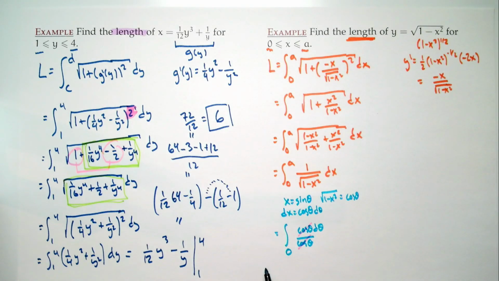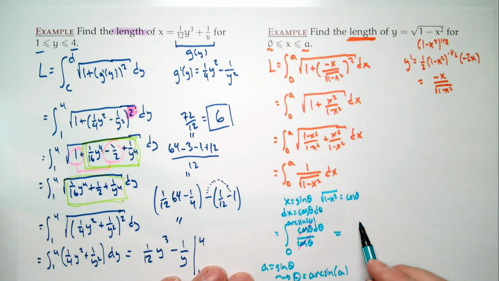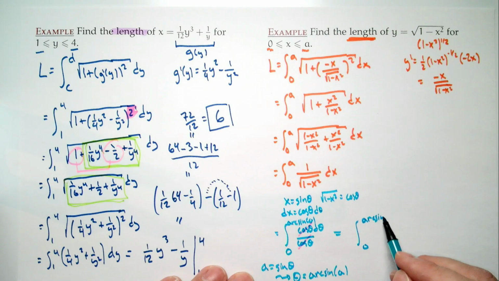Okay, so the question is, a equals sine of theta. What does that tell us about theta? Yeah, it's the inverse function of sine, so arc sine of a. So that's what theta is. So that's our upper bound, arc sine of a. Let me write that a little bit more cleanly. So this is the integral from 0 up to arc sine of a of d theta.